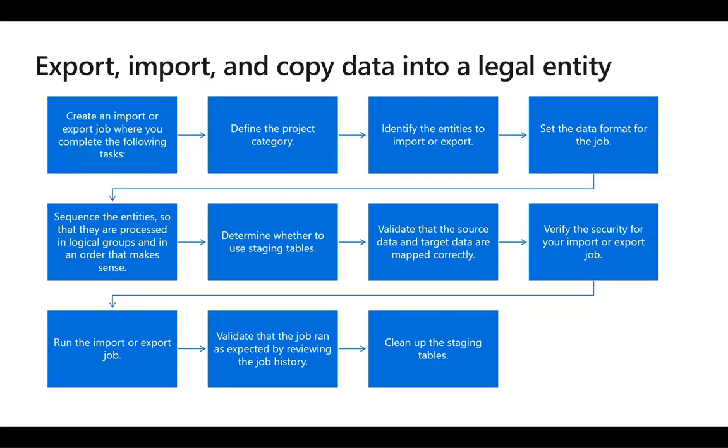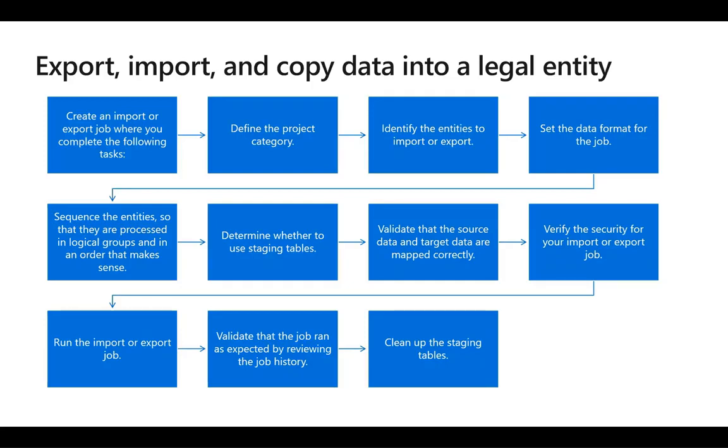First, create an import or export job, where we will complete the tasks of defining the project category, identifying the entities to import or export, and setting the data format for the job, such as CSV, Excel, XML, or package.